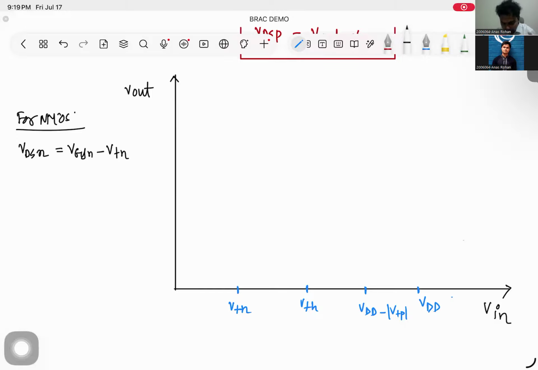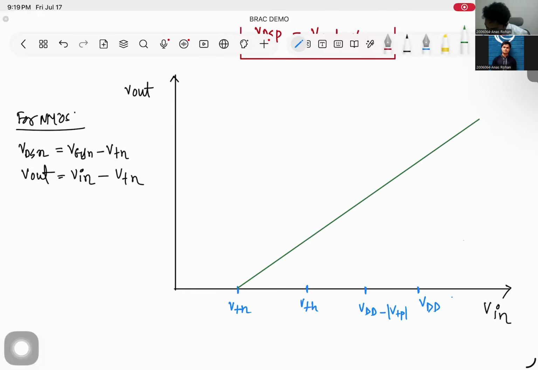But we already know that the drain to source voltage is equal to V out and the gate to source voltage is V in minus VTN. So we can draw a straight line, V out equals V in minus VTN. Above this straight line, our NMOS will be in saturation, and below this straight line, our NMOS will be in linear.